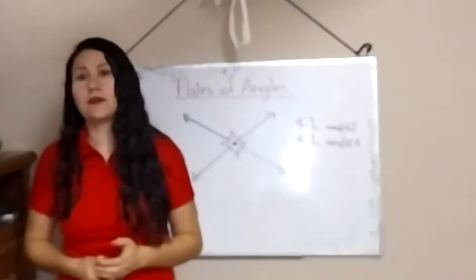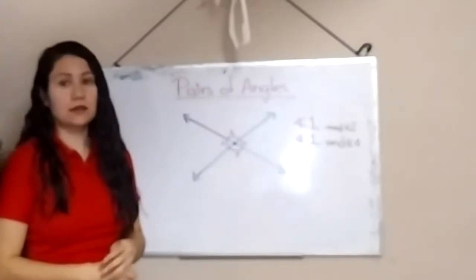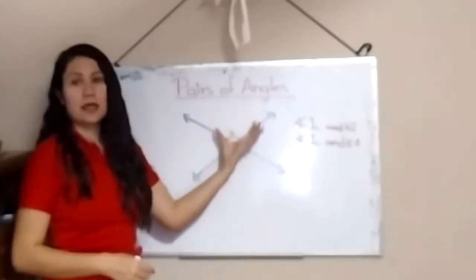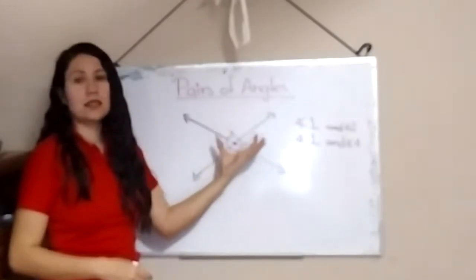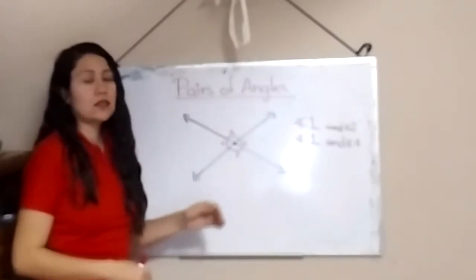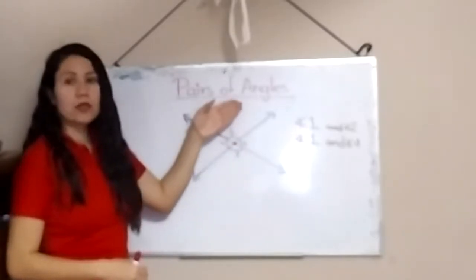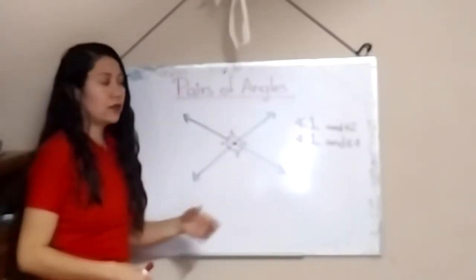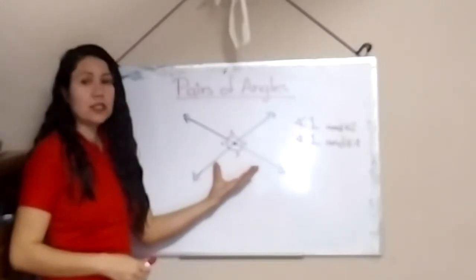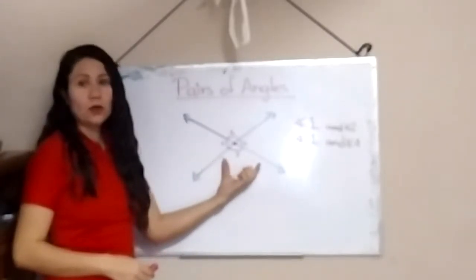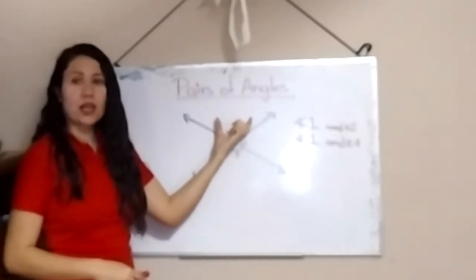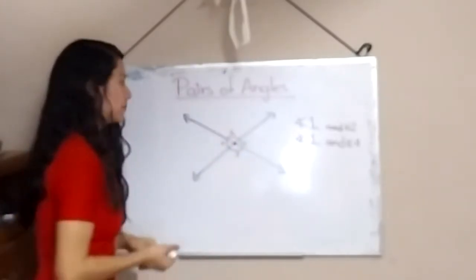We also can find vertical angles. Vertical angles are in these same kind of lines, intersecting lines. Vertical angles are the opposite angle, the only one that is not adjacent to it. For example, the vertical angle with 3 would be 1. Why? Because they are not sharing any rays in common.